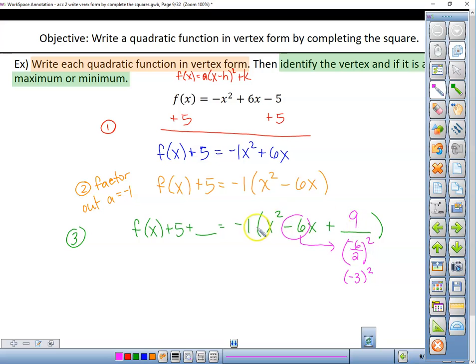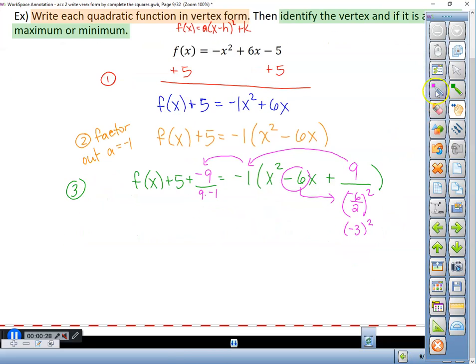And if we remove the parentheses, we'd have to distribute the -1, and that would actually become a -9. So what we actually have to add to the other side is our 9 times that -1, which will be -9. So it comes from 9 times -1. And I encourage you to put the arrows in your notes and beneath this what we multiplied to get that number so it's clear where that came from.